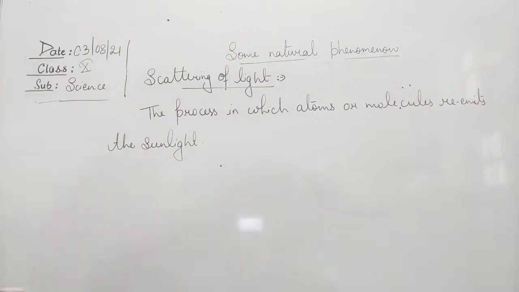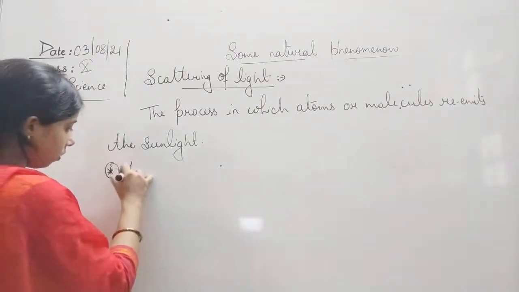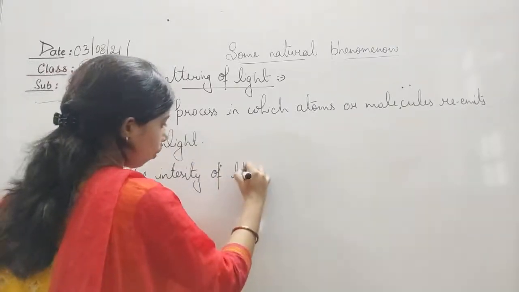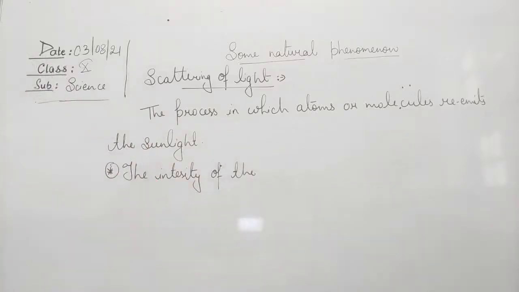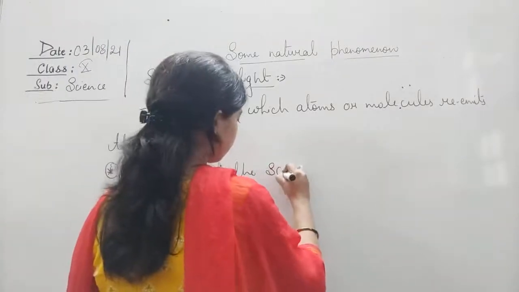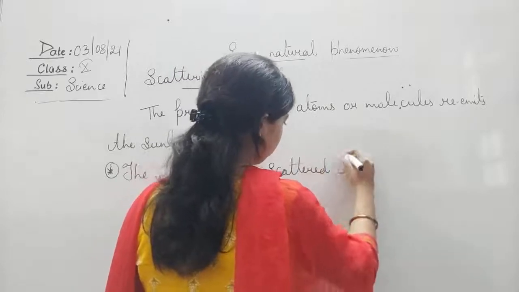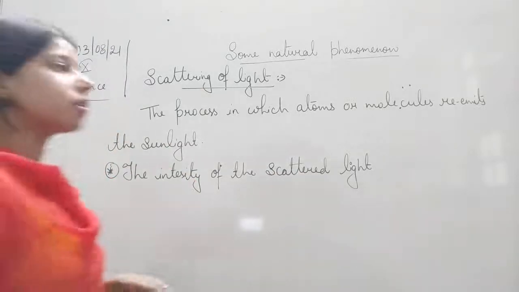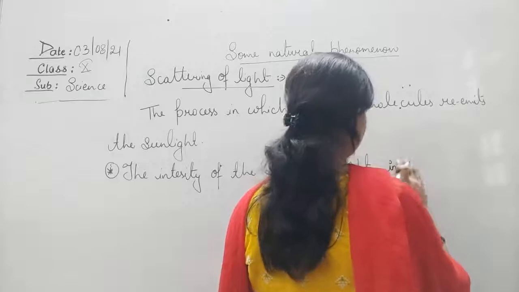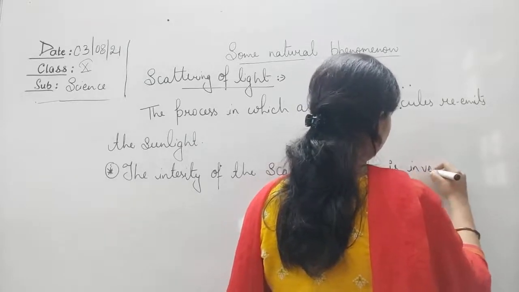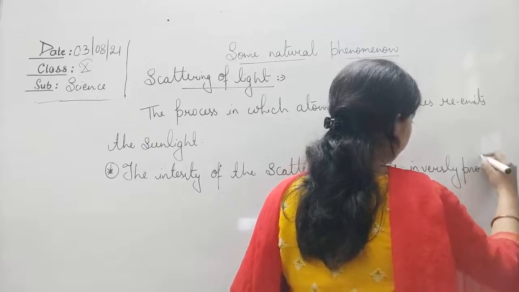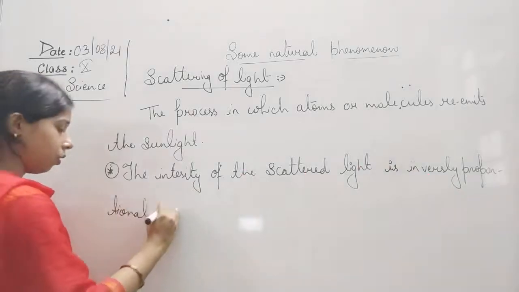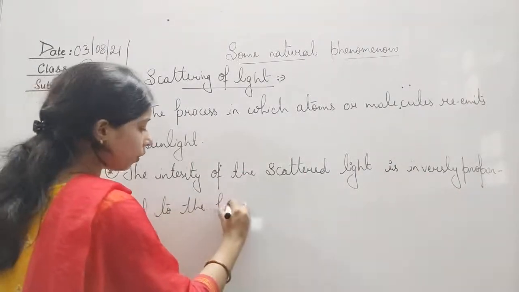And here the intensity of the scattered light is inversely proportional to the fourth power of the wavelength.